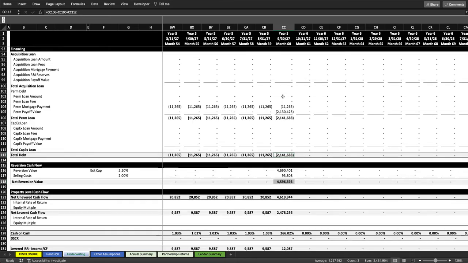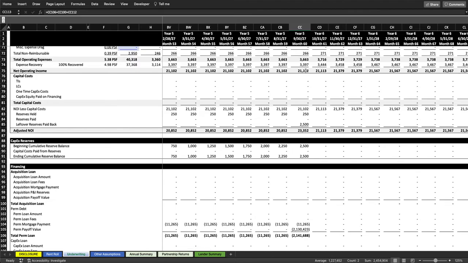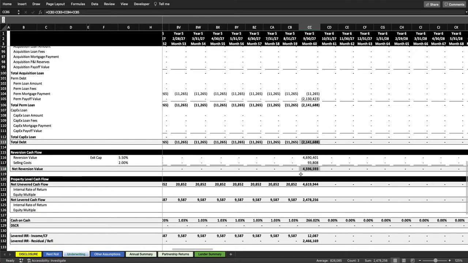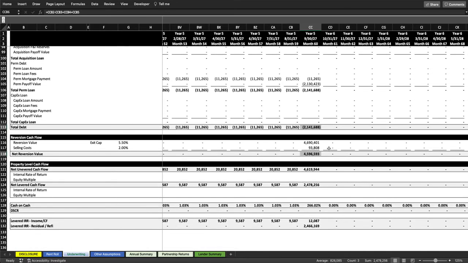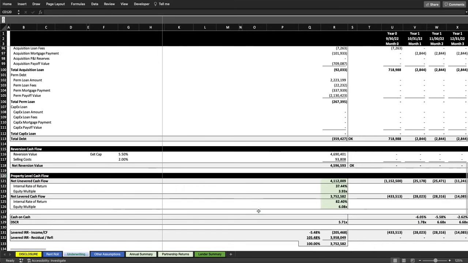And you'll notice when you add back in the NOI for that month, and then also the amount of reserves that are still in your reserve account that you didn't deploy, that's technically your capital as well. So you add all those figures back and you're at a total of 2.478 million, which is 2.478 right down here, which is the sum of those figures that we just highlighted. And that brings you to the net unlevered cash flow section, right?